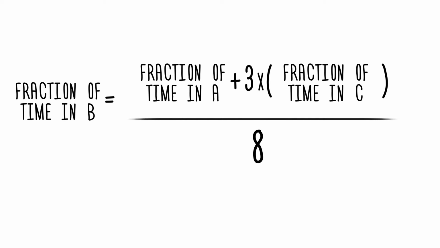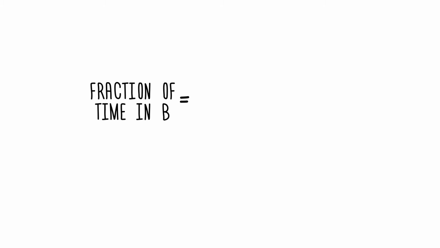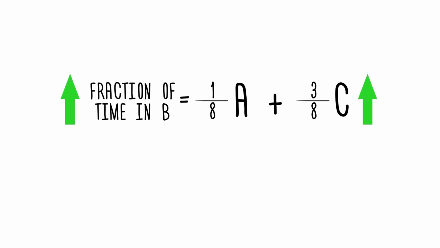Examining the equation for score of B again, score of B equals 1/8 times score of A plus 3/8 times score of C. This score naturally incorporates the fact that score of B is 3/8 times the score of C and 1/8 times the score of A. The weights are coming from how often B has been relatively victorious over A and C. And if indeed score of C will be high, then score of B will be high, and vice versa.